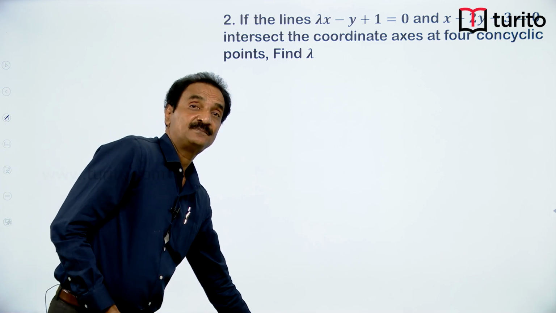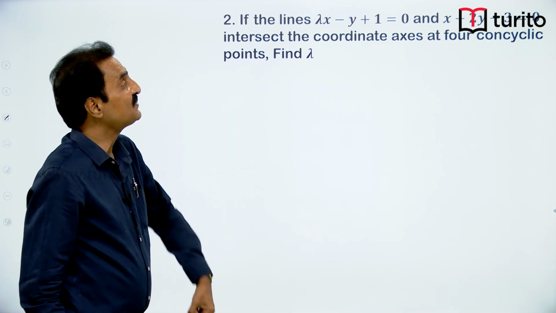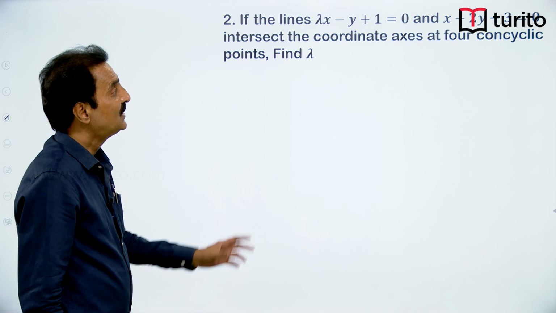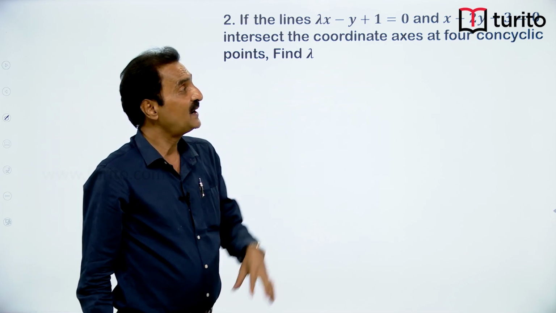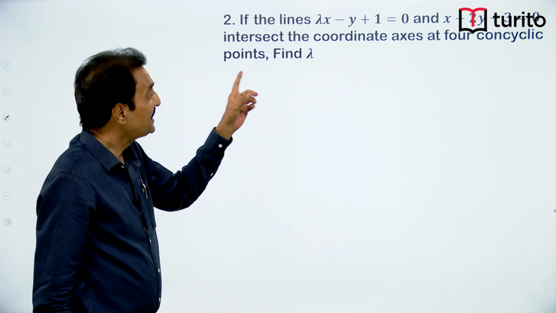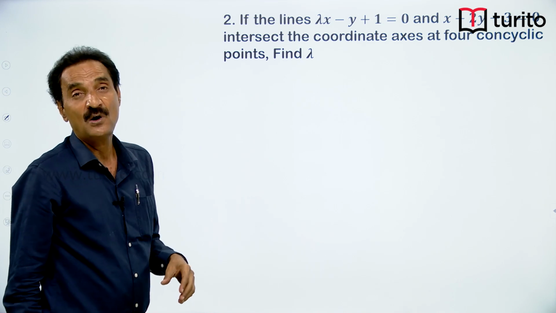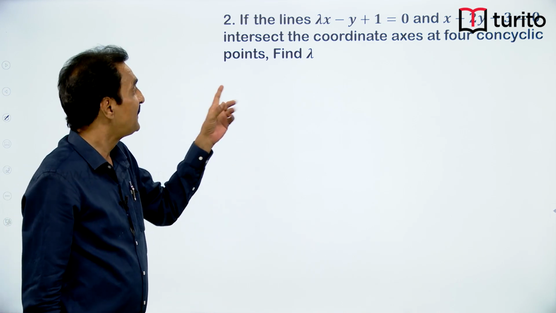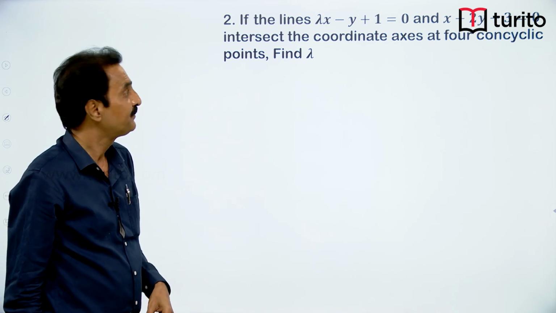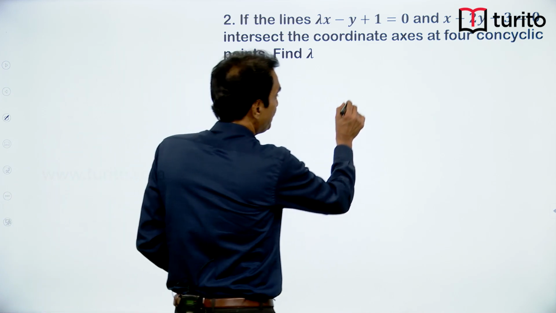If the lines λx − y + 1 = 0 and x − 2y + 3 = 0 intersect the coordinate axes at 4 concyclic points, then find the value of λ.